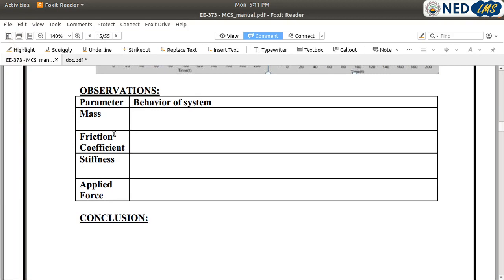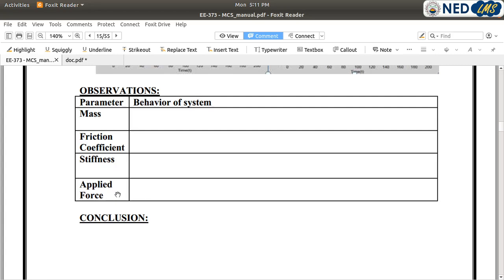First, change mass, keeping these constant. Then keep mass constant and start changing the damping B of the system, and observe the change in displacement and velocity plot. Similarly for stiffness, which is the spring, and also for the applied force.